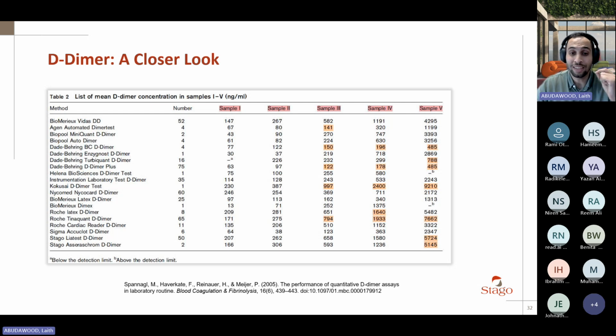Some of them are even negative using some reagents and very high using reagents from another manufacturer. For example, look at this assay. It goes from 485 to 9,210 nanogram per ml, which is a huge difference. 485 is negative. 9,210 is very, very positive.